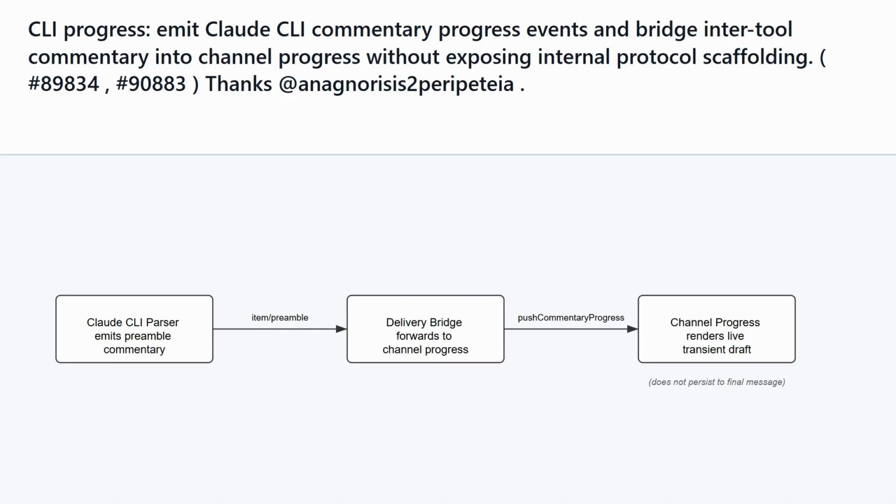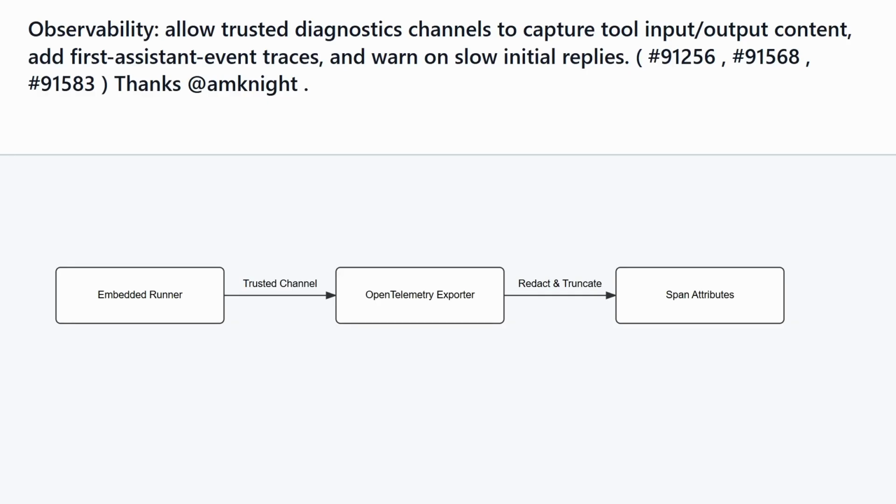This release adds 3 key observability improvements for diagnostics, performance, and user experience. First, trusted diagnostics channels now capture tool input and output content. Previously, the capture content.tool inputs and capture content.tool outputs configuration options were documented but inactive. Now, when enabled, the embedded runner emits cloned tool arguments and results over a trusted private diagnostic channel.